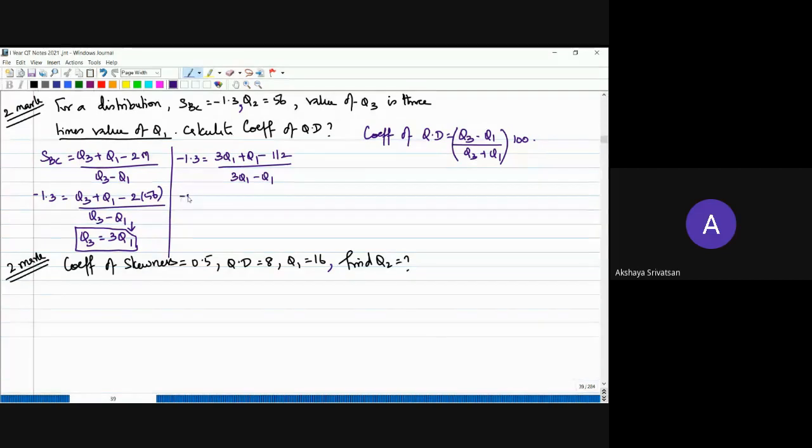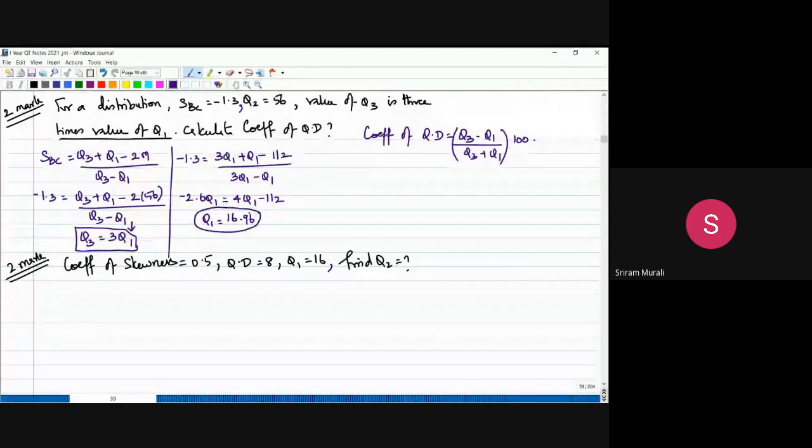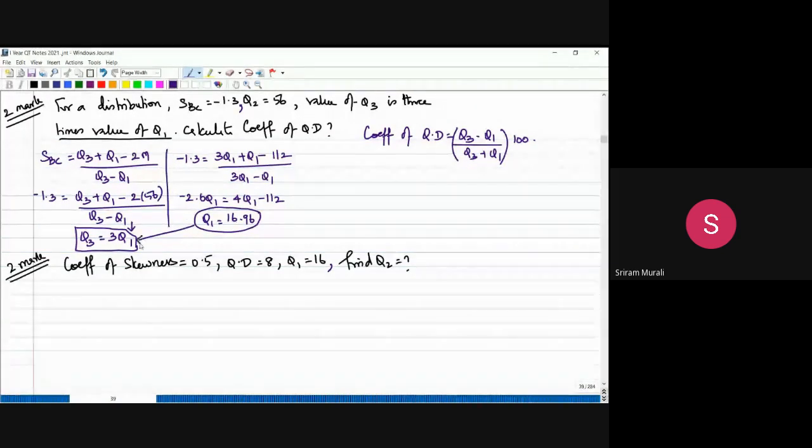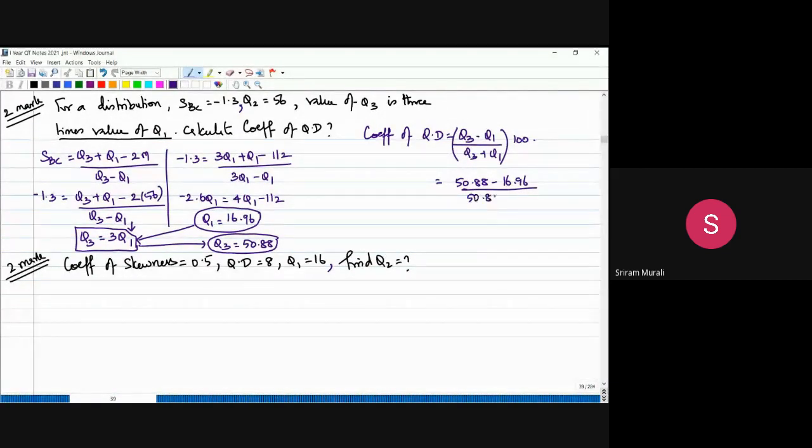This gives minus 2.6 Q1 is equal to 4 Q1 minus 112. So Q1 is equal to 16.96. If Q1 is 16.96, it can be substituted here. Then what is Q3? Q3 is 50.88. So substitute here: 50.88 minus Q1, 16.96, divided by the sum, into 100.